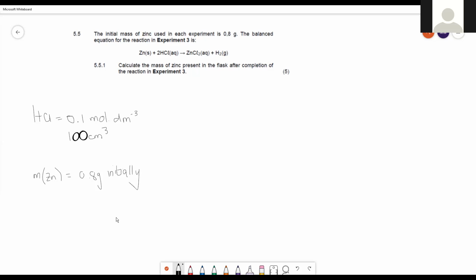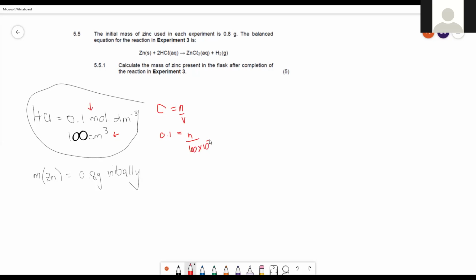Okay, so first things first, we can go work out the moles of this. So C is equal to N over V. We have the volume, we have the concentration. So 0.1 is equal to N divided by 100 times 10 to the negative 3.